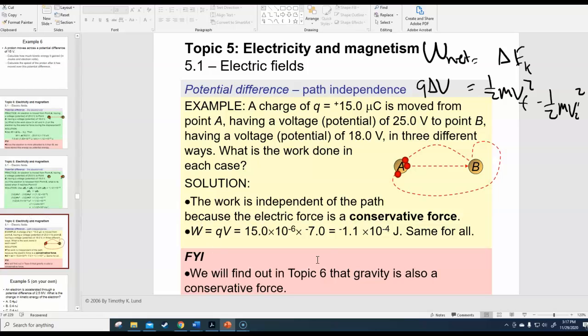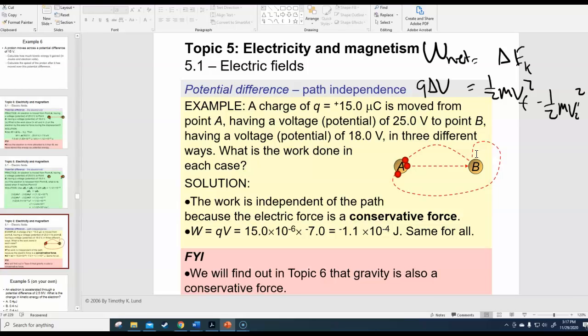Okay, so in other words, if I take my positive 15 microcoulomb charge, if I move it from A to B along this path, or I move it in a straight line, or I take some roundabout path, the amount of work done is still the same no matter what the path is. Okay, and that's because the electric force is what's called a conservative force. So the work is independent of the path because the electric force is a conservative force.